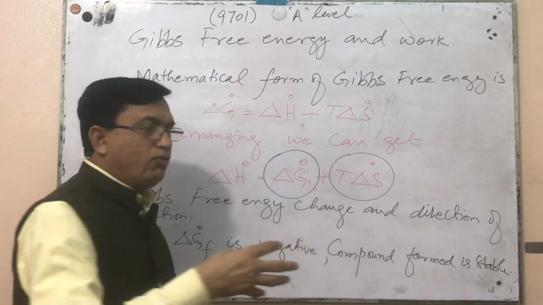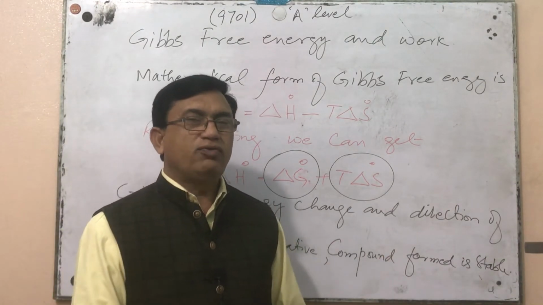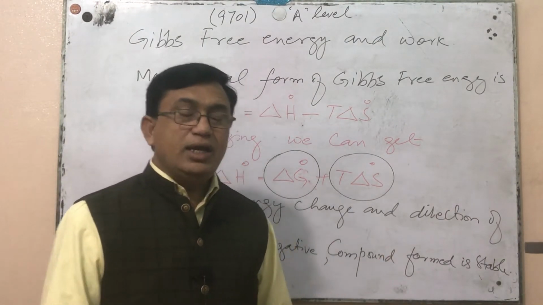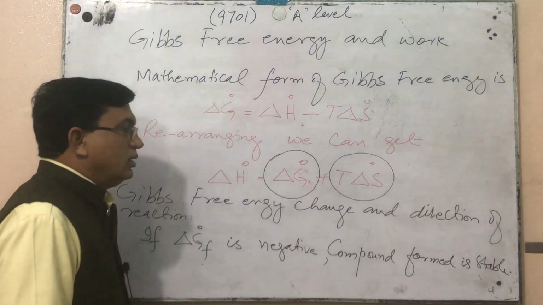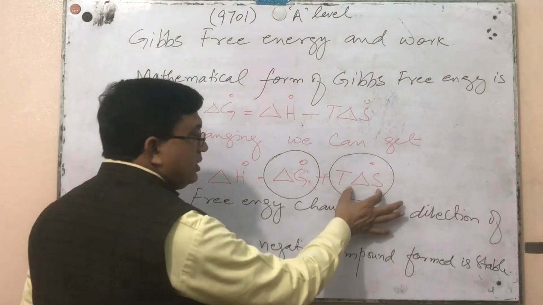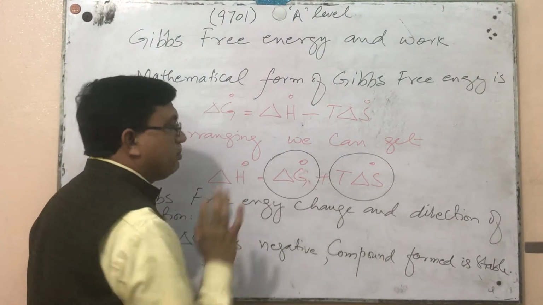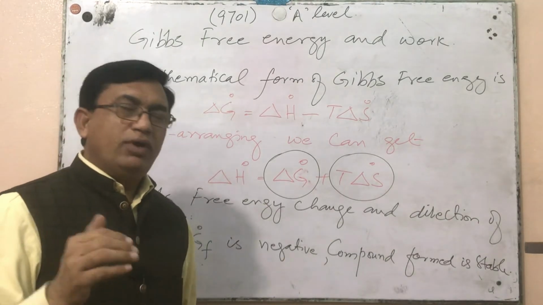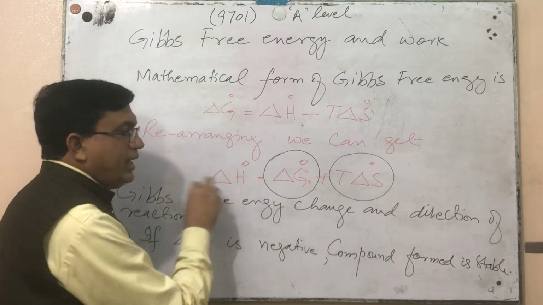This much energy will be utilized by the particles of the medium through which we are applying energy. This part is not available for work done, this part is available for work done, and the sum of both is equal to the enthalpy change.